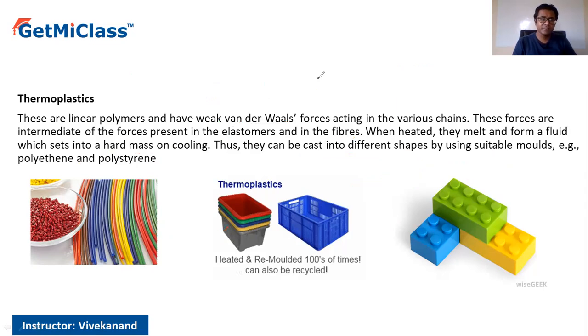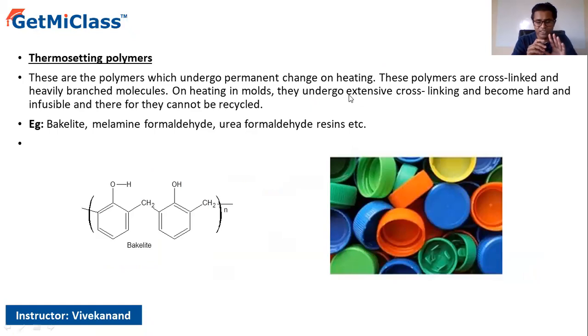The other type is thermosetting. Thermosetting plastics are those plastics which, if you heat or set them once, you cannot change the structure and cannot reuse them again. These are polymers which undergo a permanent change on heating. If you heat them, they generate more cross-linking, so they undergo extensive cross-linking.